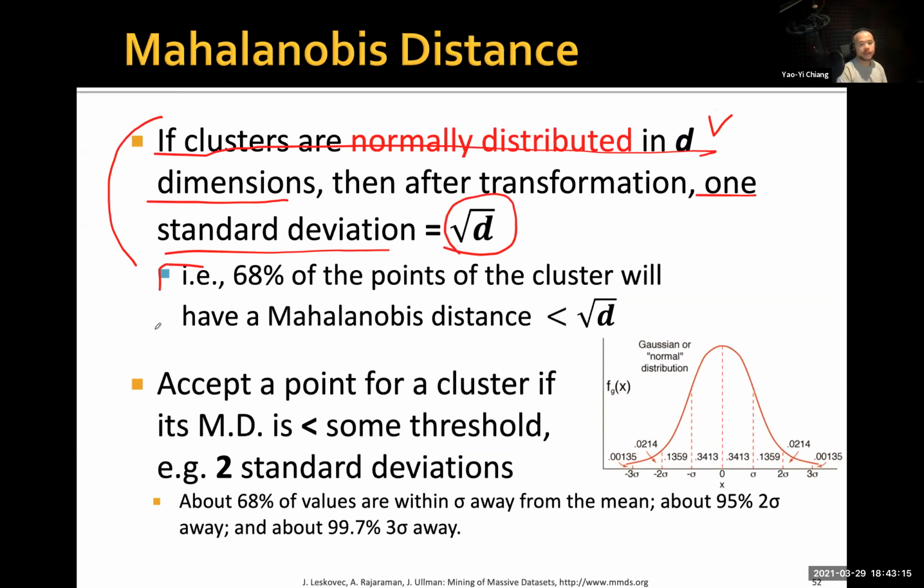And we know that 68% of the points of the cluster will have a Mahalanobis distance smaller than square root of d. That's here.